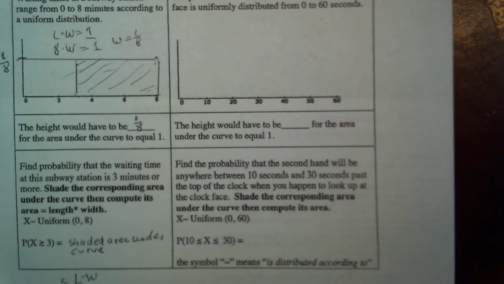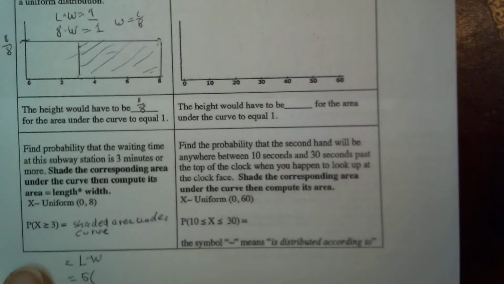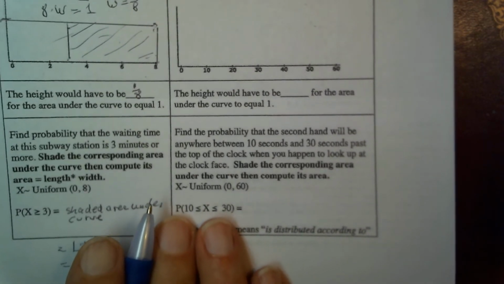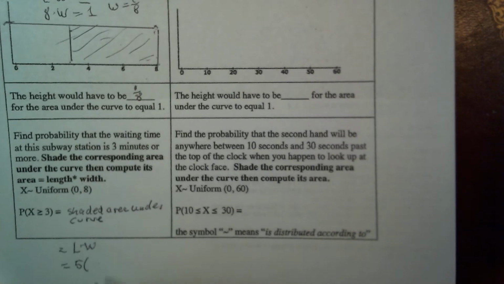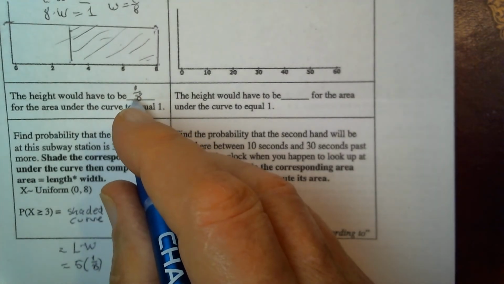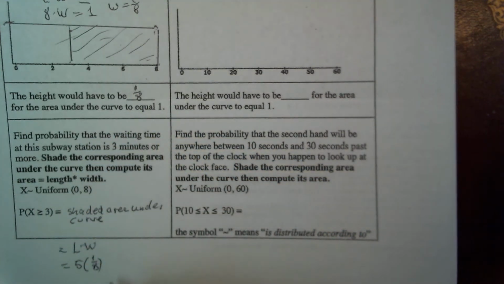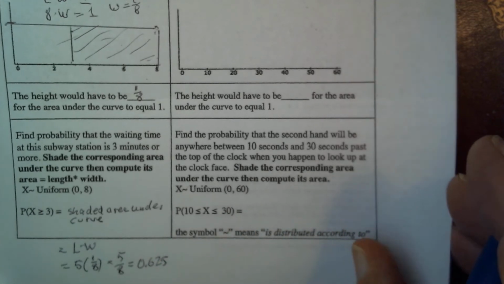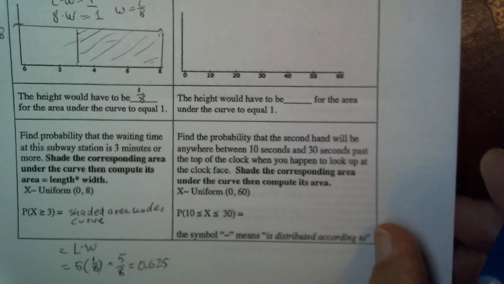And we know that the width is equal to 1/8. So in other words, that equals 5/8 or 0.625. This is the probability that the waiting time at the subway station is 3 minutes or more.